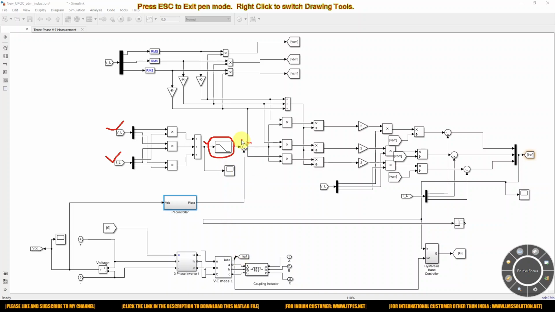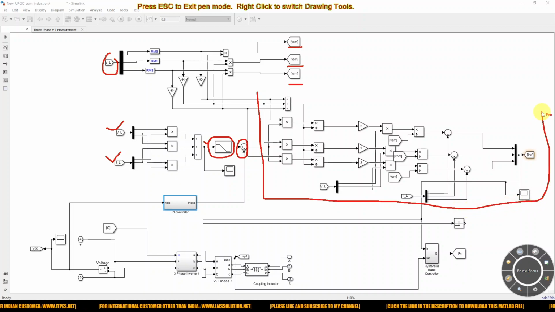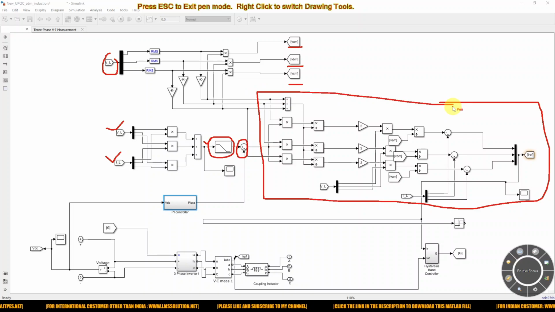Here we add that real power with the loss power. Next, based upon the load voltage, we have to calculate the magnitude. These are the remaining stages for generating the reference current in the synchronous detection method.